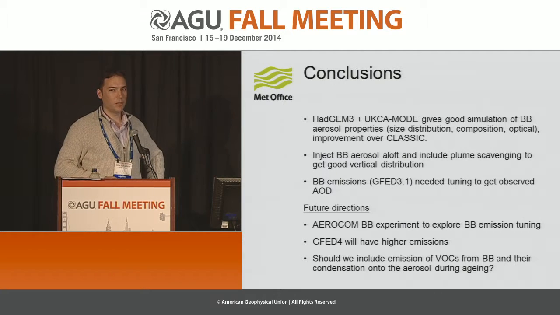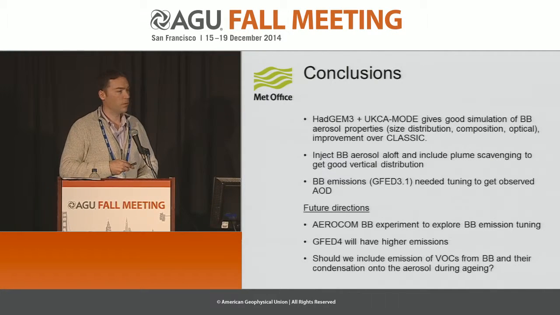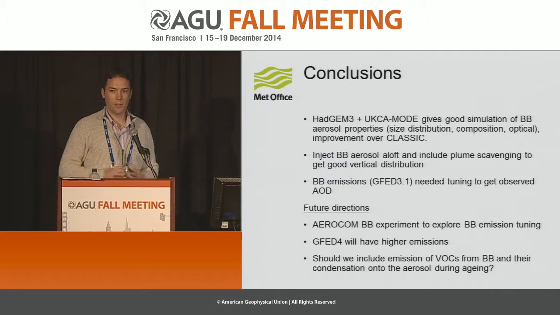So, in terms of the biomass burning aerosol, one of the main issues is how much additional mass does the aerosol take on during the aging process. And in this model, there's very little. In the original scheme, we had basically a specified growth curve with a 6-hour e-folding time.